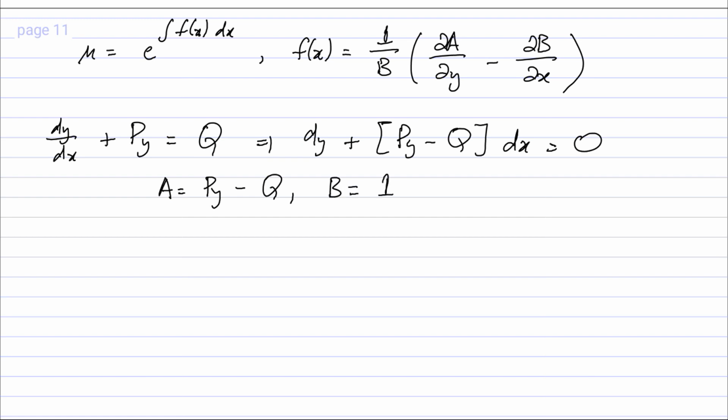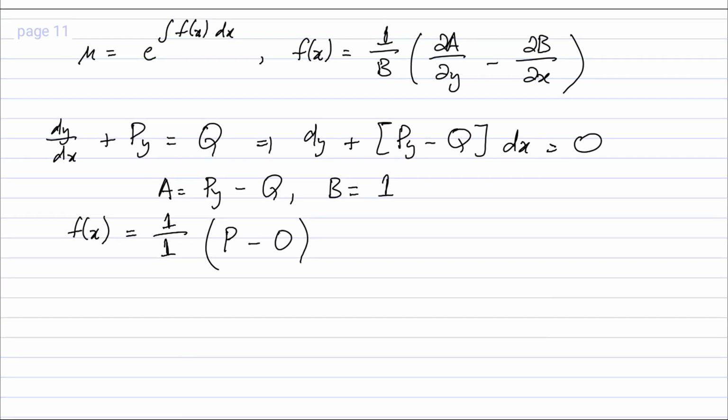So for my case, f of x, fingers crossed that this is only a function of x, is just equal to 1 over 1, because b is 1. Partial of a with respect to y is simply p, and minus partial of b with respect to x is 0. So this is just equal to p of x, because p is only a function of x.